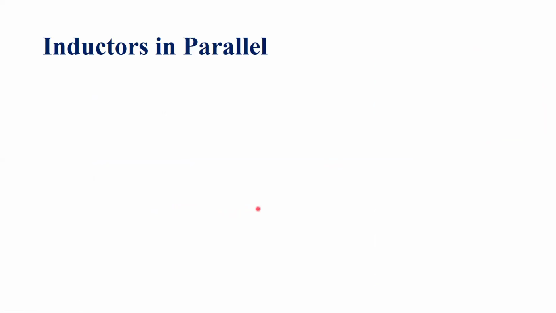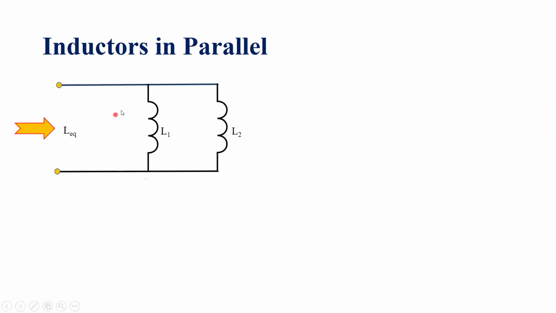Similarly, now we can talk about inductors in parallel. When you see such a configuration where two ends of all the inductors are connected to each other, for example, L1 and L2, both the ends of these two inductors are connected to each other.